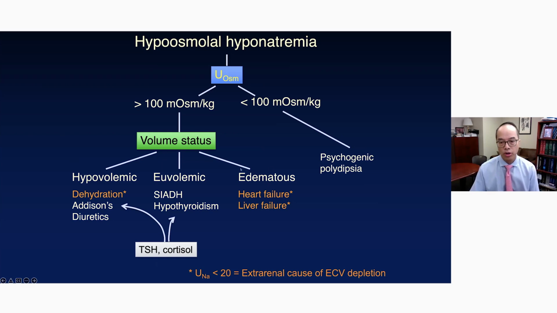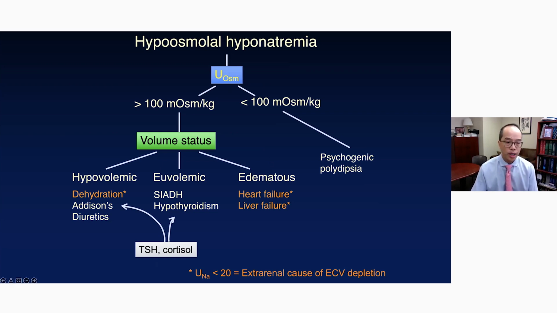Hyponatremia can also occur in association with edematous disorders, particularly heart failure and liver failure. And in these cases, the body behaves as if they are hypovolemic, a condition we call effective arterial blood volume reduction, which can be either because the cardiac output is low or because of peripheral vasodilation.